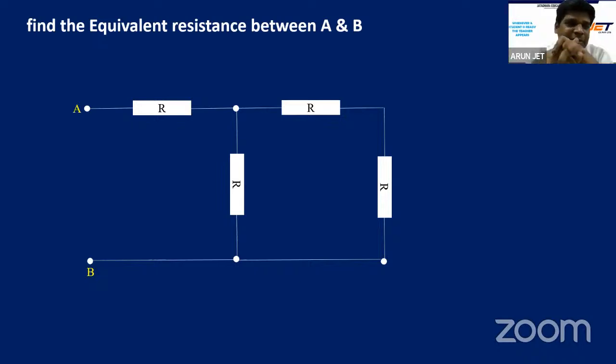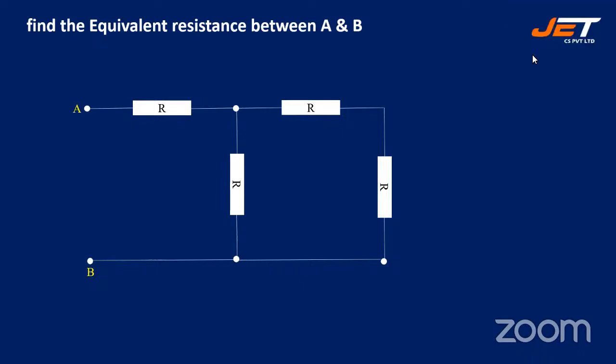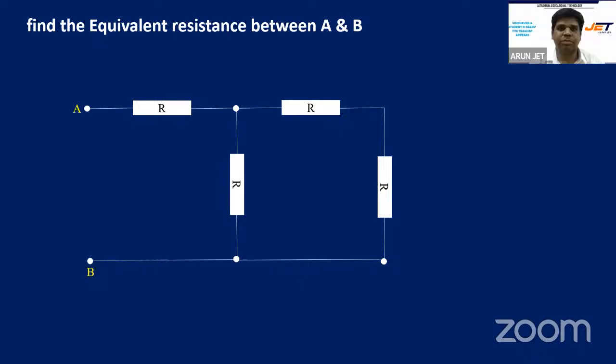It's an interesting situation, students. Let me grab a pen. Just give me a second, students. Till then, you think. I'll initiate the thought process. See, R and R are in series. These two R's are in series.